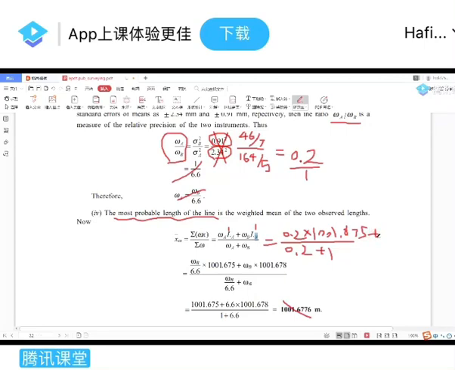Plus omega B, which is 1, times XB. XB is 1001.678. And then you can get your result.